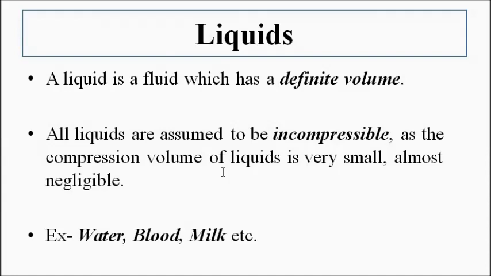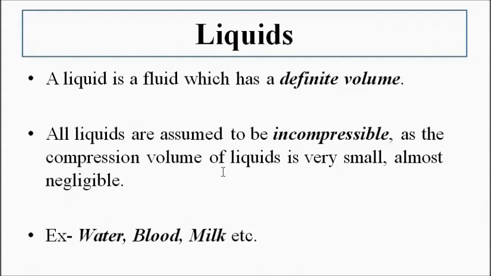It means the mass per unit volume is fixed, it remains constant throughout. Although liquids do undergo compression, that happens to a very small extent, almost negligible. That's why liquids are assumed to be incompressible.